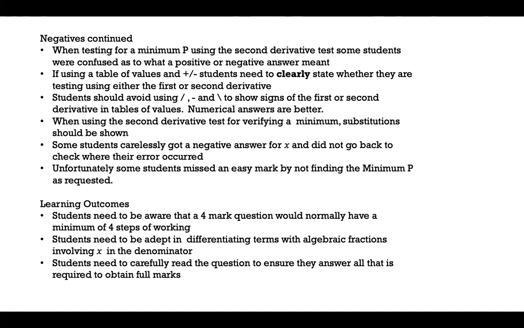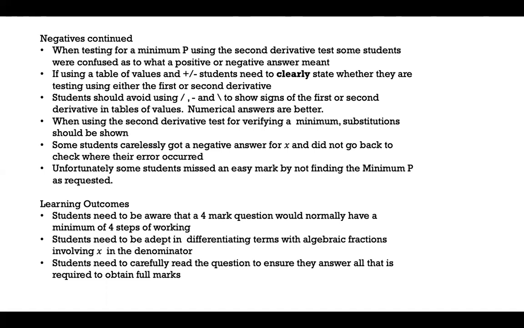When you use the second derivative test for verifying a minimum, substitutions should be shown. So not just f double dash x or p double dash x is greater than naught, therefore whatever. No, you need to actually show us you substituted some value for x.